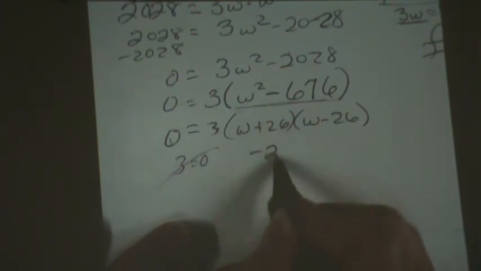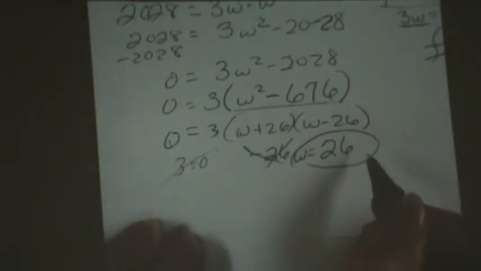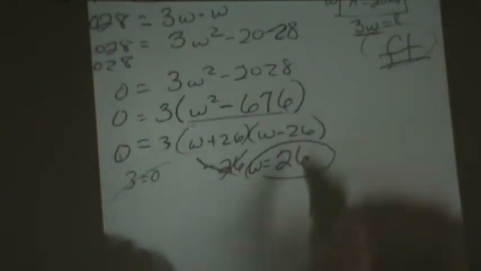So 3 equals 0 doesn't give you an answer, does it? This will give you a negative 26, this will give you a positive 26. Is the length, or is the width of your rectangle going to be a negative number? Of course not. So the width is 26 what? Feet.